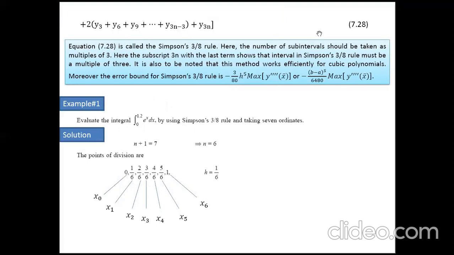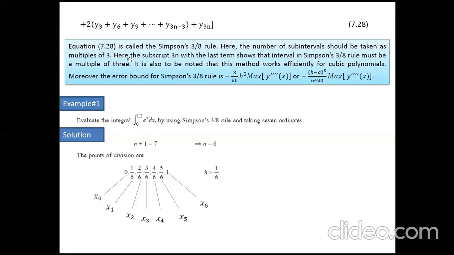Okay, equation number 7.28 is called Simpson's 3 by 8 rule. Here the number of subintervals should be taken as a multiple of 3. This is the important point to note: when you solve the question, if the number of intervals is not given, you must take the number of intervals as a multiple of 3.